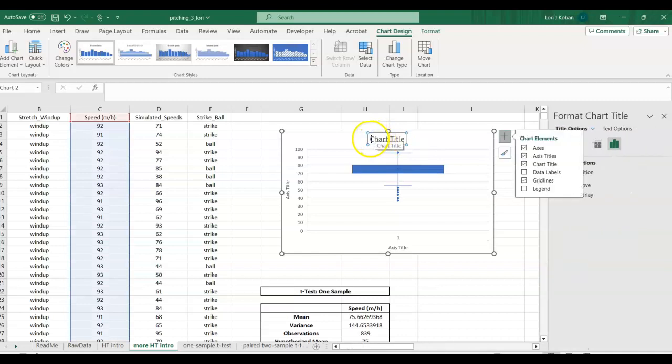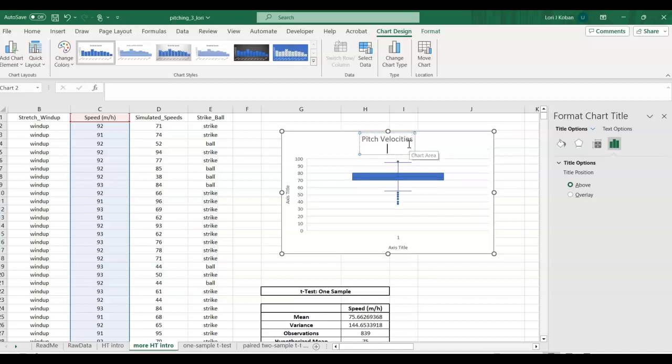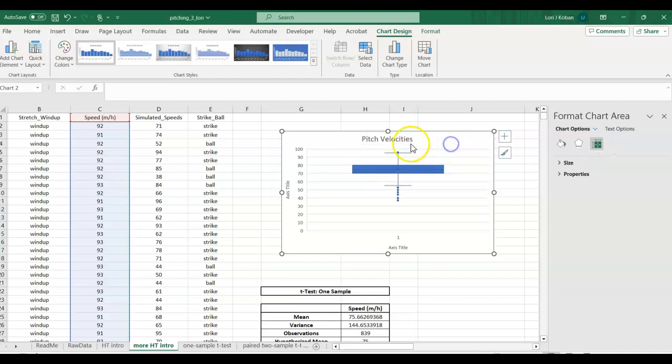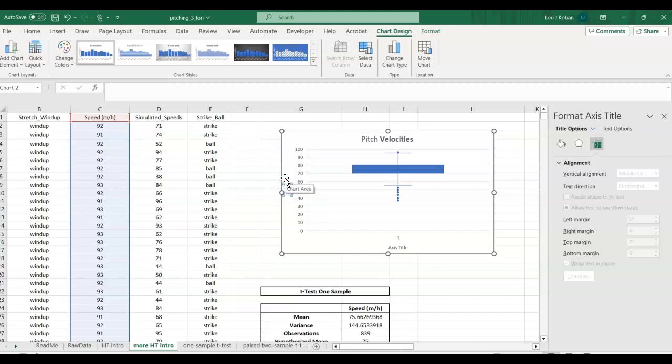So these are pitch velocities. This is velocity.